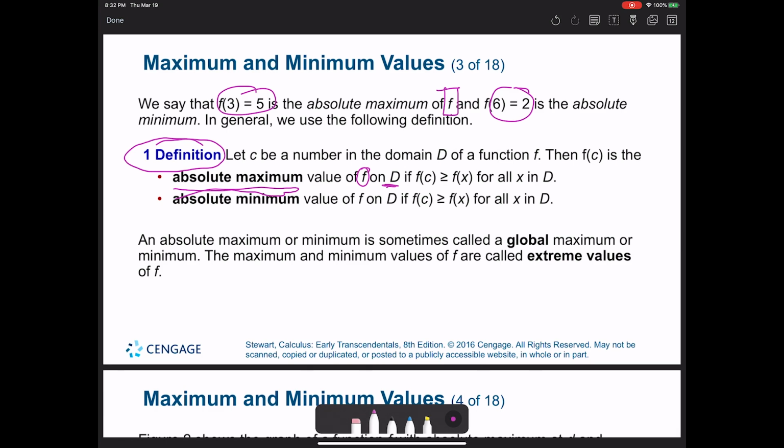It's the absolute maximum if the y value that happens when x equals c is greater than or equal to the y values for all other x values. So, technically speaking, the y value that you're talking about doesn't actually have to be greater than or higher than all other points.